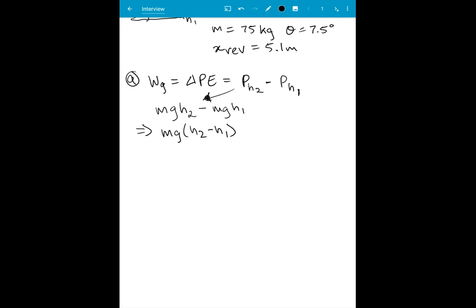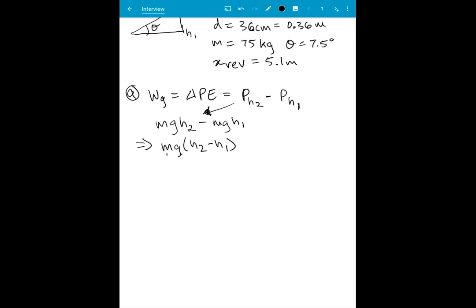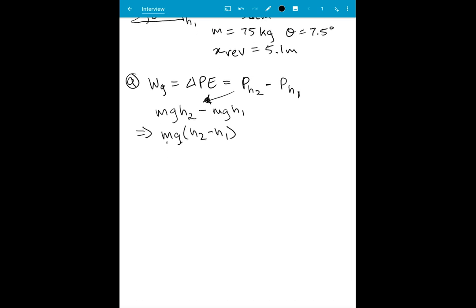We know what m is equal to, we know what g is equal to, and we know that h2 minus h1 was given in the problem as well. Once we substitute, I'm going to go ahead and write this down all together.